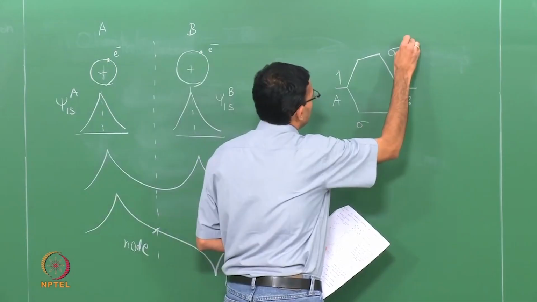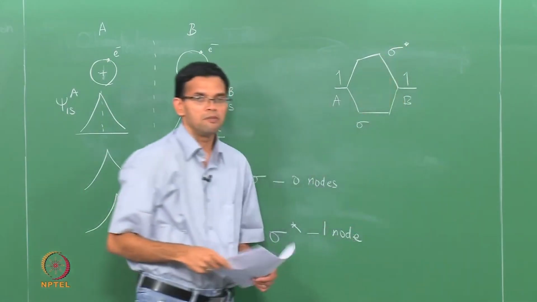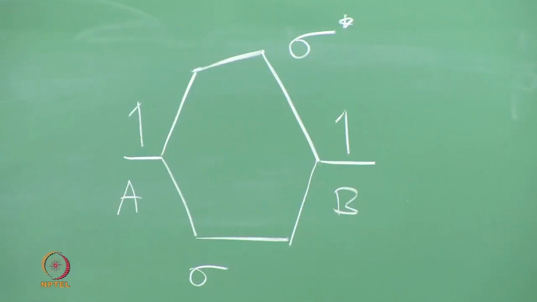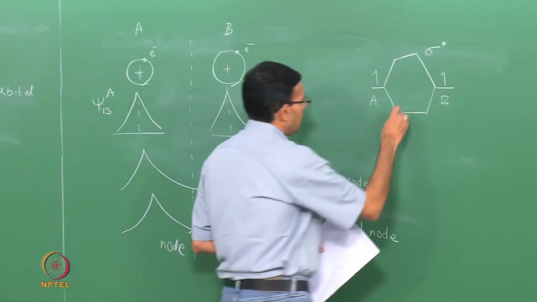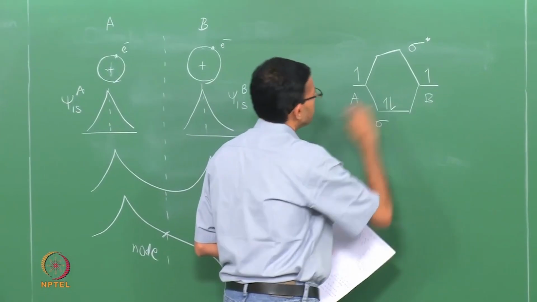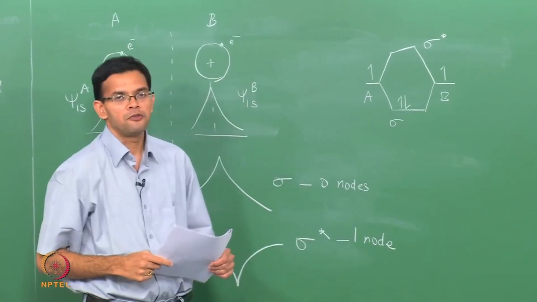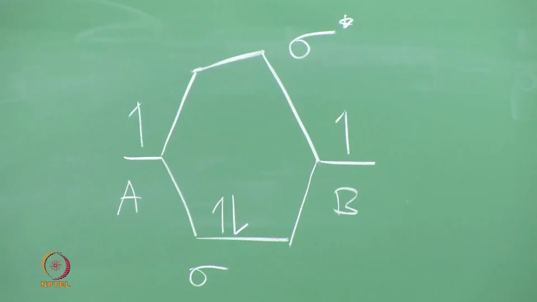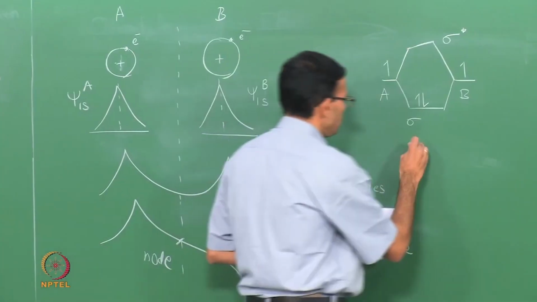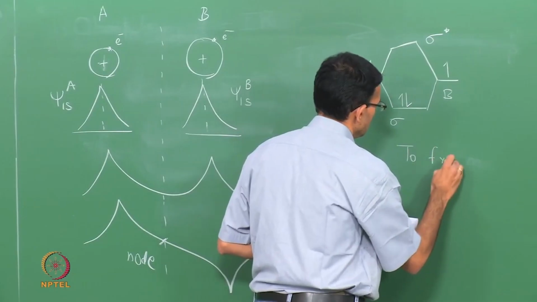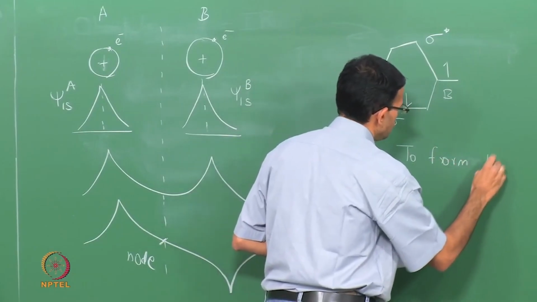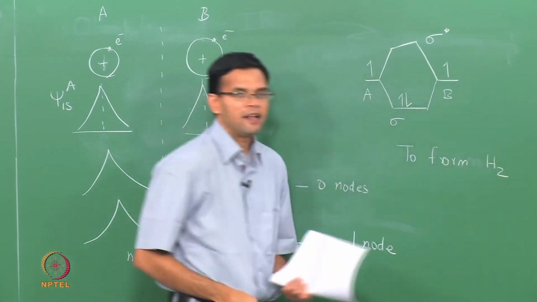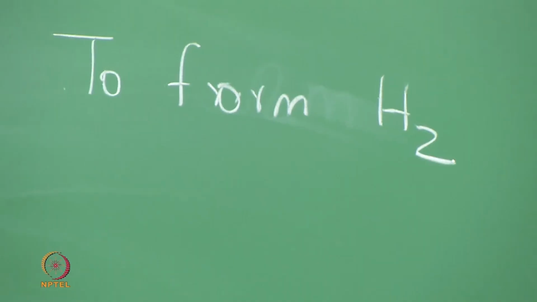Your anti-bonding orbital has a higher energy, that is sigma star. Each orbital can take 2 electrons of opposite spin, so both electrons go to the sigma. Thus, when you form a hydrogen molecule from 2 hydrogen atoms, the overall energy of the system is lowered. So it is favorable to form H2 when 2 hydrogen atoms come together.